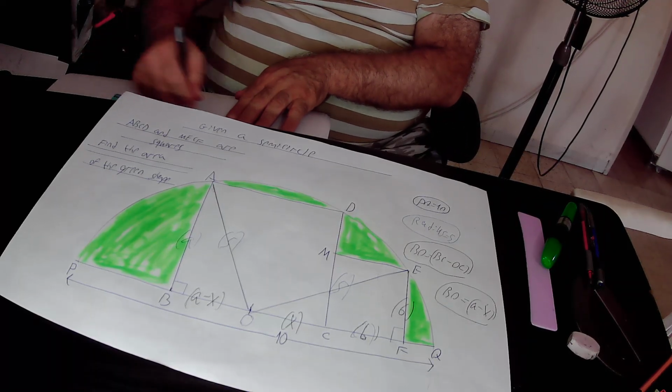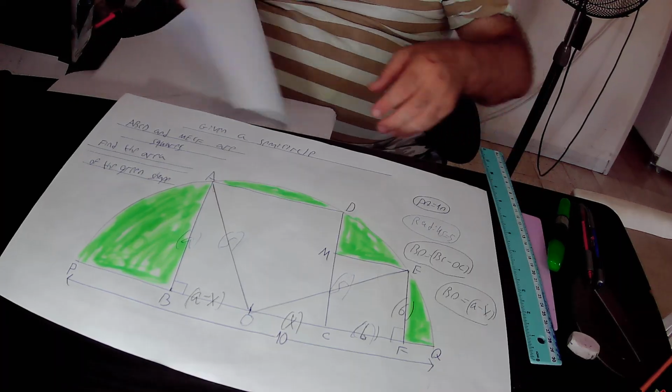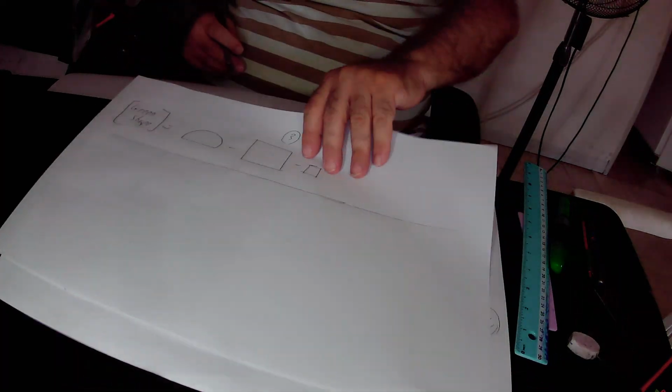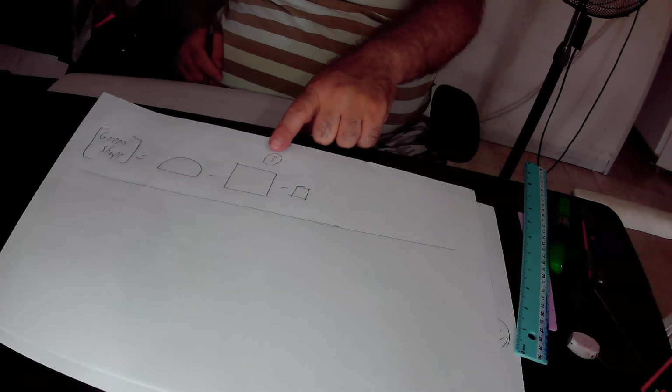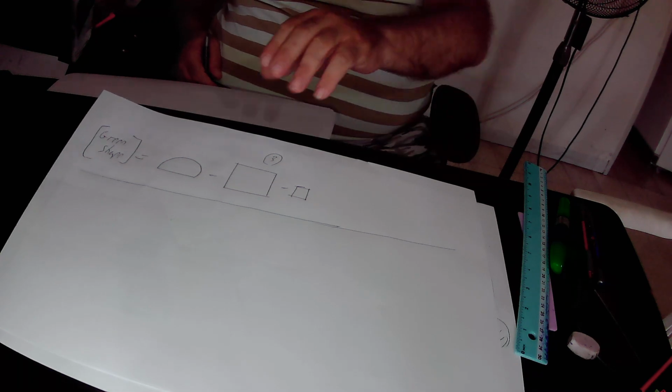Repeat again. The area of the green shape in total equals the area of the semicircle minus the area of the big square ABCD minus the area of the small square.